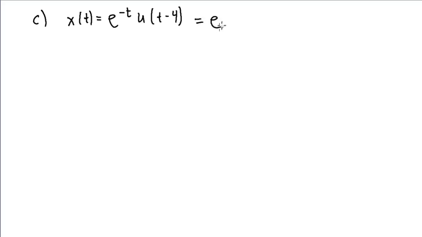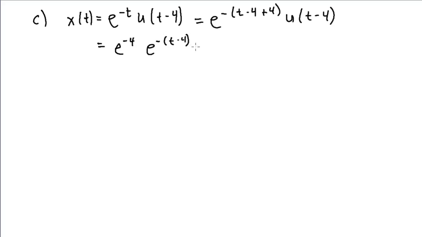That's easy to do. I can just subtract 4 and add 4. I'll pull the plus 4 term out, so with the minus sign in front of it, e to the minus 4 times e to the minus (t minus 4) u of t minus 4.